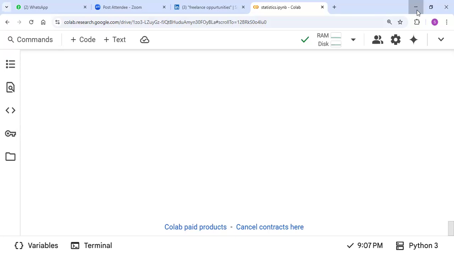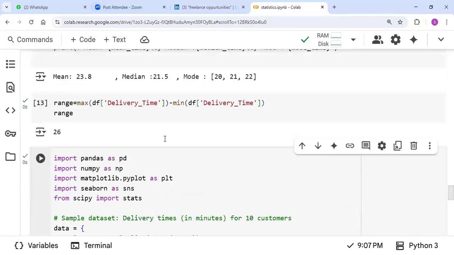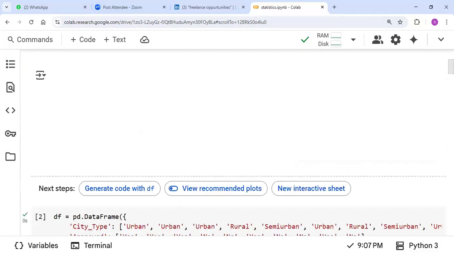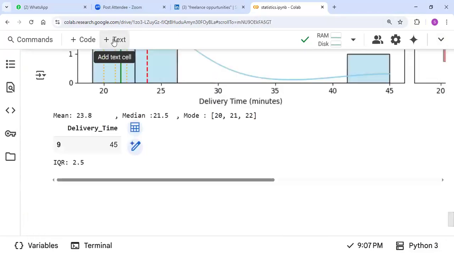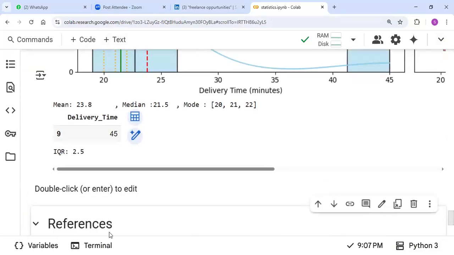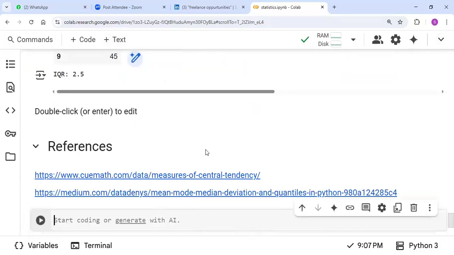Okay, I'm trying to get the references. Okay, I got it. Okay, guys, I've just pasted some references. You can just refer.